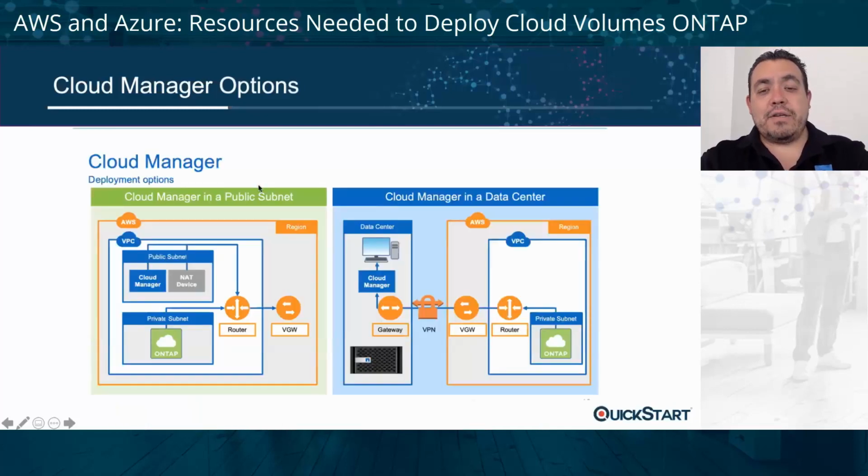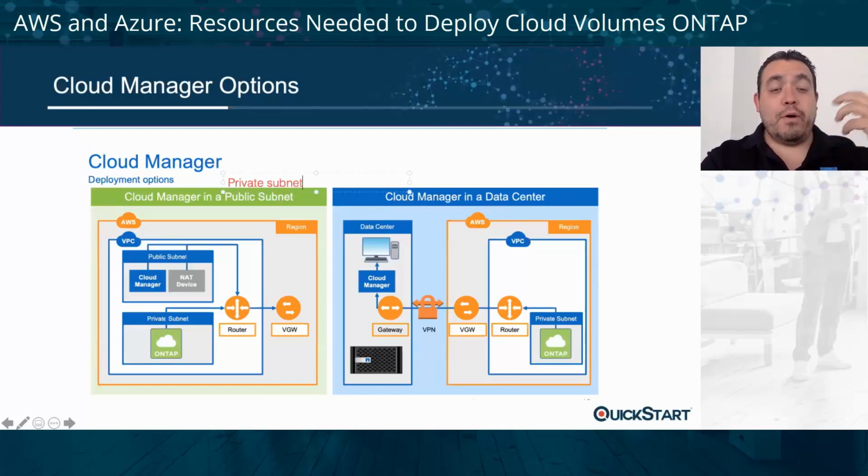Now, Cloud Manager, as I said before, guys, you can see we have 2 examples here, even though we should have 3 here. The one we have on the left is Cloud Manager in the public subnet. The one we have on the right is Cloud Manager in your data center. That means on-prem. And also, guys, we can deploy Cloud Manager in the private subnet.